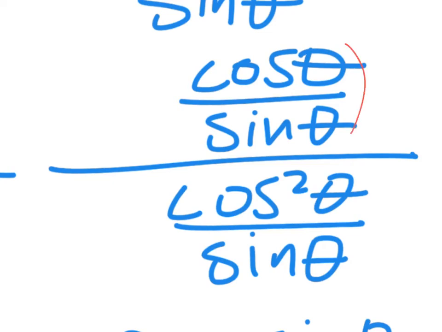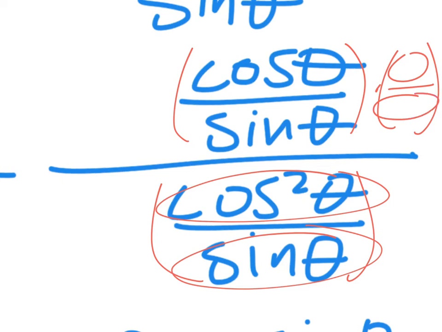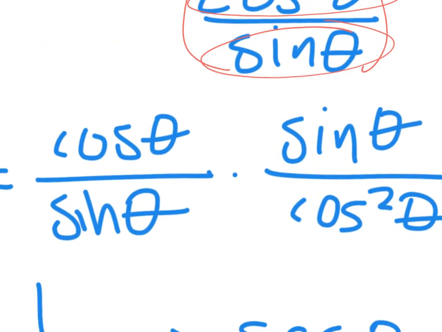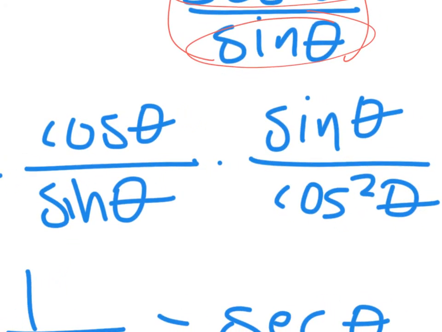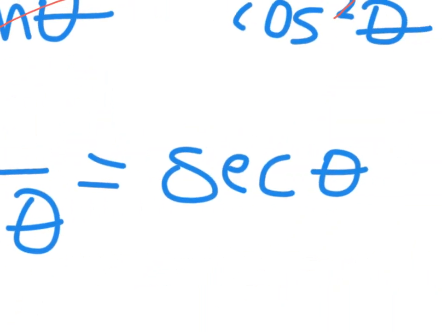No way. We have a fraction being divided by a fraction, so it's multiplying by the reciprocal. So this goes up here, and this goes down here. Dividing by a fraction is the same as multiplying by the reciprocal, and it looks like that. Now you're like, oh, thank goodness, we get to cancel some stuff. And we're left with 1 over cosine of theta, which is equal to secant theta.